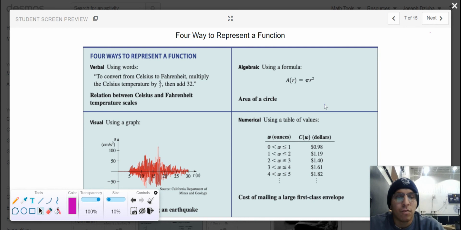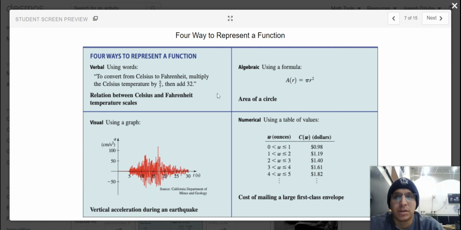As we round out our lesson for today, we have 4 different ways to represent a function. We have verbal, algebraic, visual, I like to use graphical, and numerical using a table of values. If we're able to connect an algebraic formula to a graphical representation, and how does that appear numerically, and how can we take that in context? That is our comprehensive understanding of a function.